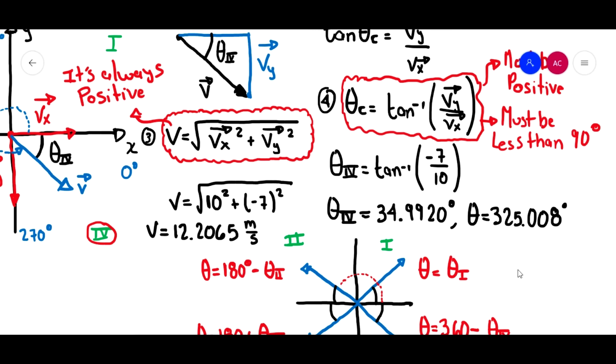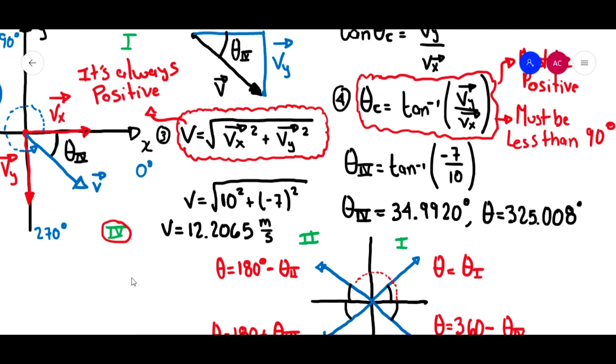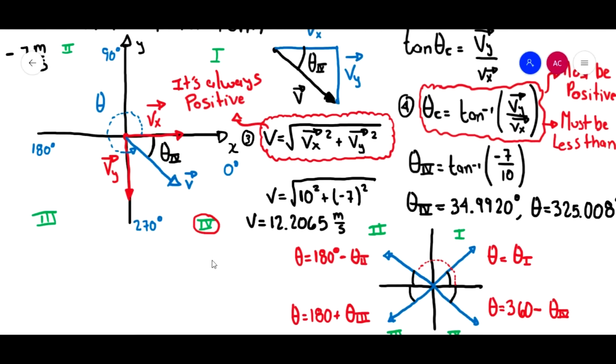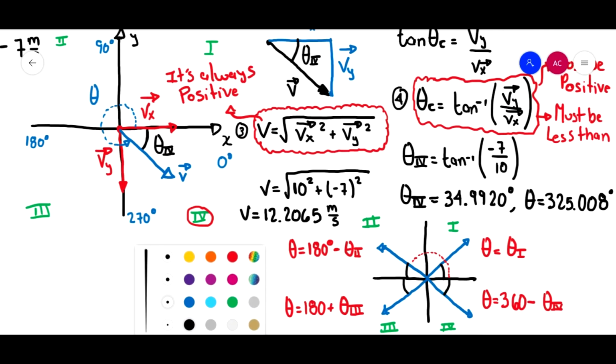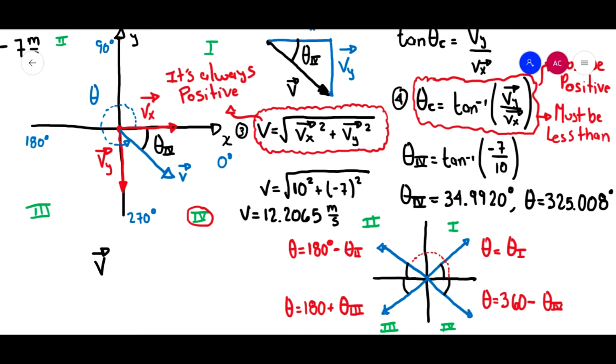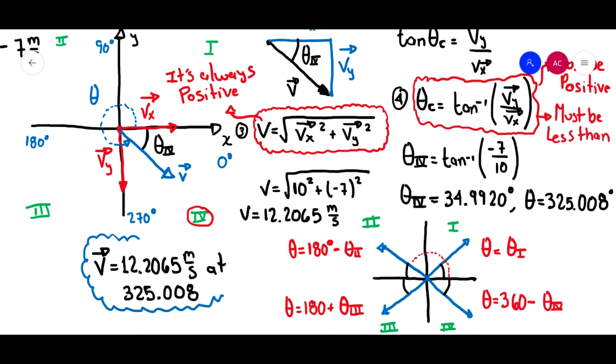That's the value of the total angle. So the final answer, guys, is that the velocity vector equals 12.2065 meters per second at 325.008 degrees. And that is the answer of this problem.